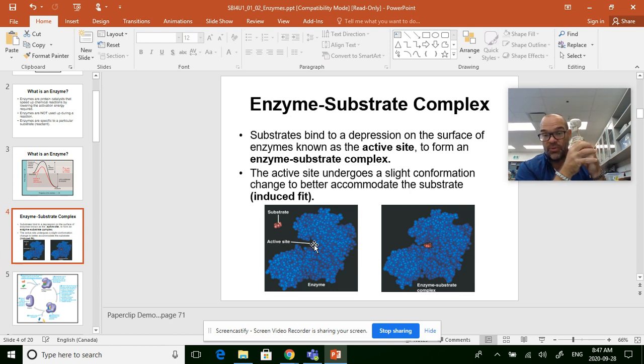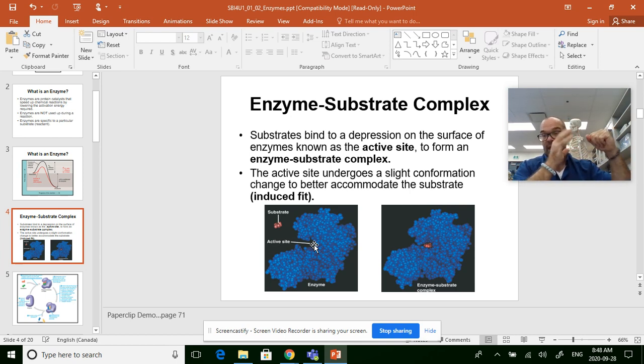The induced fit: when you get the lock and key that fit right, it changes the shape a little bit, and that puts pressure on the bonds that are in your substrate, and that's what helps break them apart with less energy. So the enzyme itself is doing some of that work.